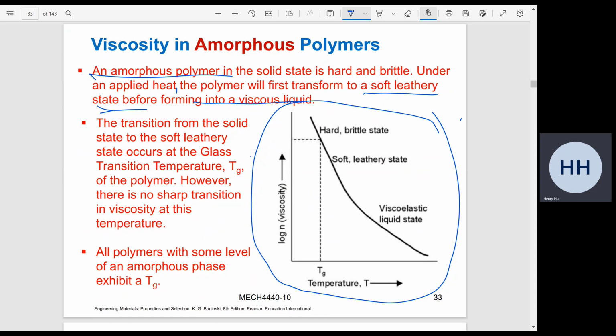The viscosity will change slowly as the temperature increases. There's no sharp transition in viscosity for this type of polymer, so the behavior of the amorphous polymer compared with the crystalline polymer in terms of viscosity is quite different.